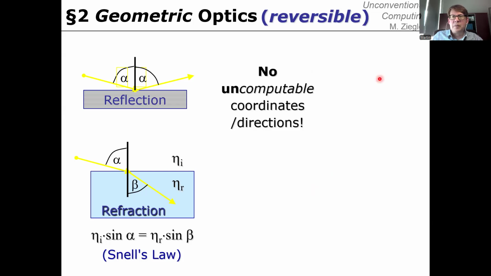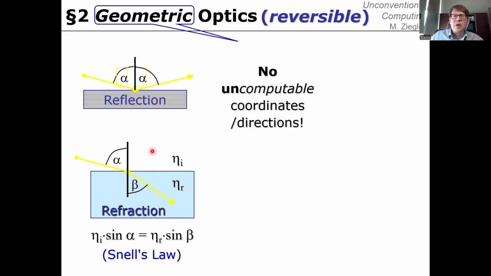We're also going to look at another special kind of mirror, a parabolic mirror. So here we have a plane mirror. Here we have a plane refractive object like water here and air here in the lake, or glass here and water here. And this is geometric optics.